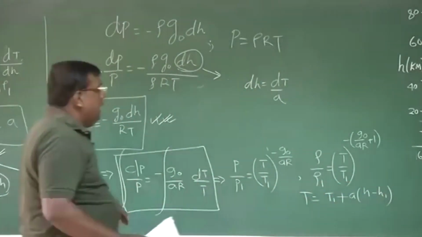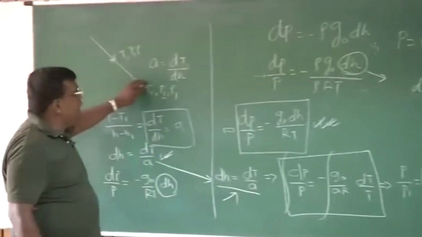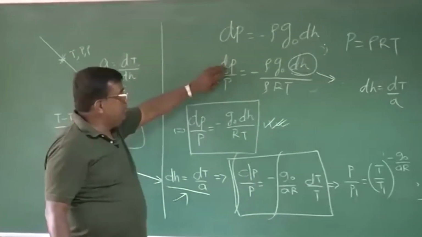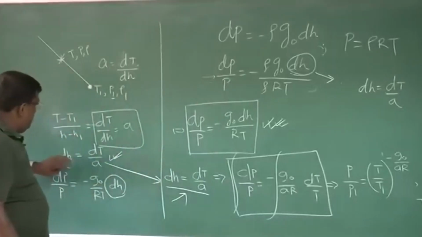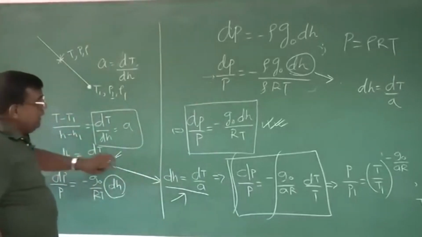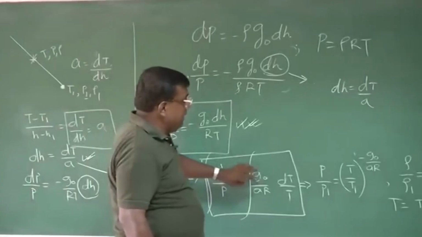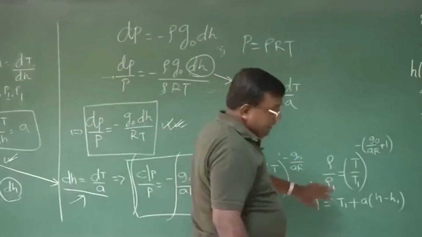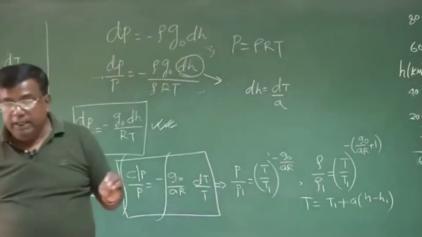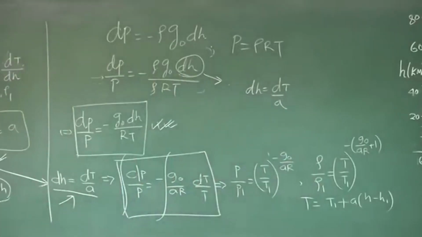So simple. I repeat again, I know this condition here, I use this relationship, and I just substitute dh equal to dt by A. I get an expression like this, I integrate, and I get the pressure, density and temperature for that point in the gradient region, right?